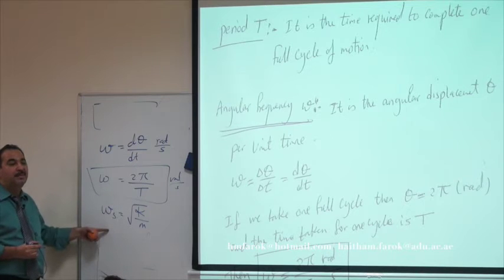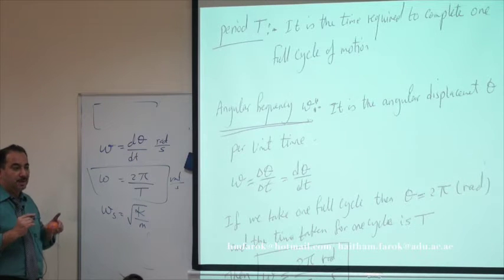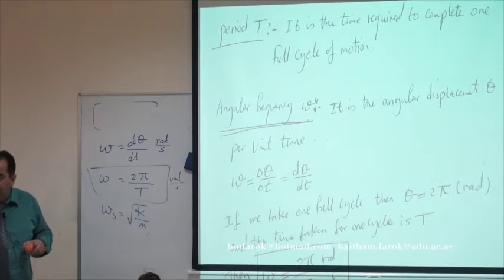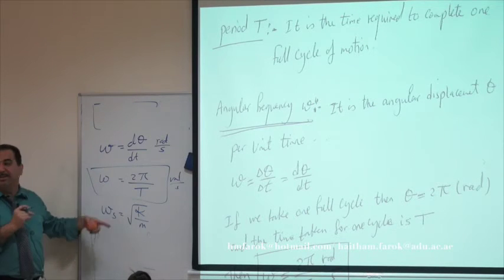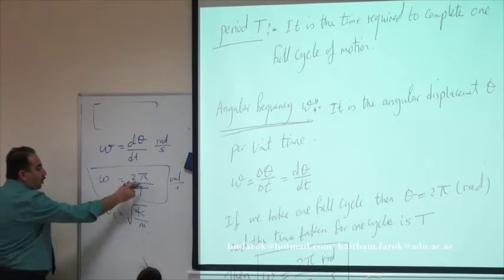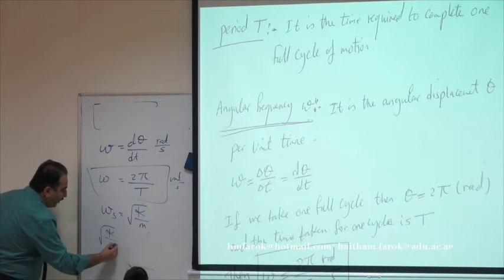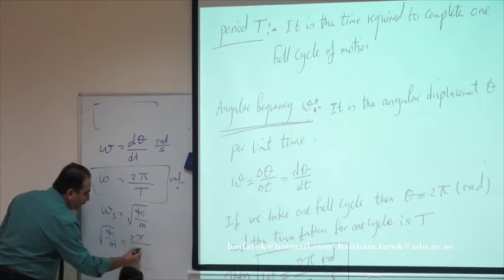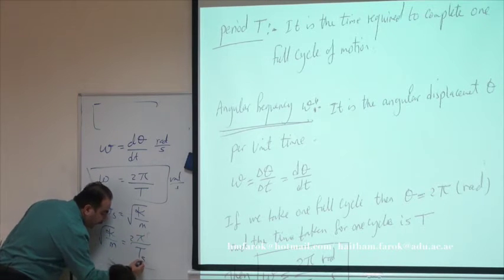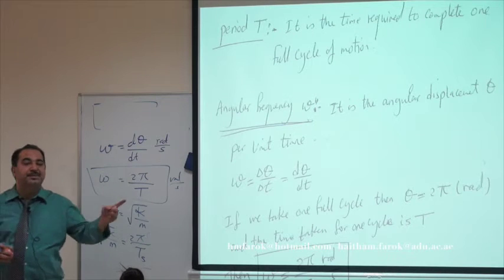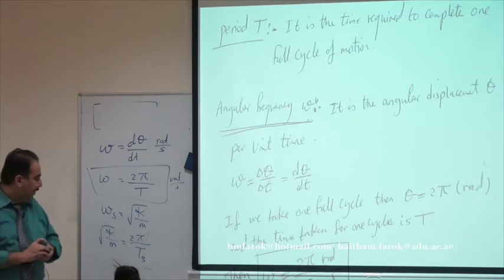But when I combine them, they become not general, but special for a spring only. So you'll have root of kappa over m equal 2 pi over the period of a spring, the time for a spring to complete one cycle.